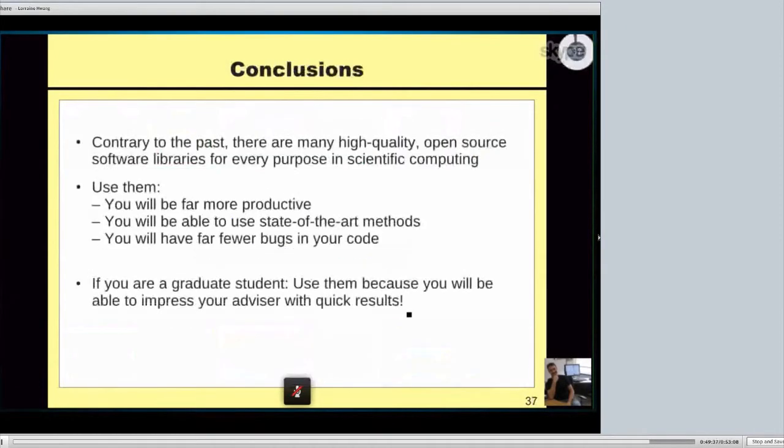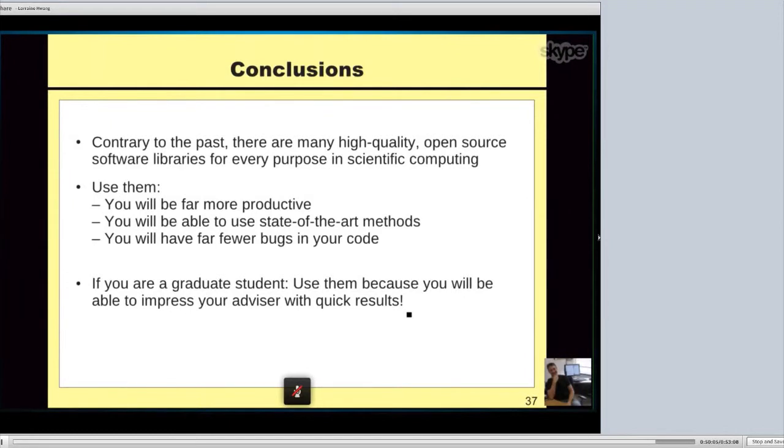So, to sum this whole thing up, what I hope that I have showed you a little bit is that, contrary to what we did maybe 20 years ago, today there are quite a number of very high quality open source software libraries that provide functionality for practically every purpose you can think of in scientific computing, from linear algebra all the way to parallel finite element methods, for example.